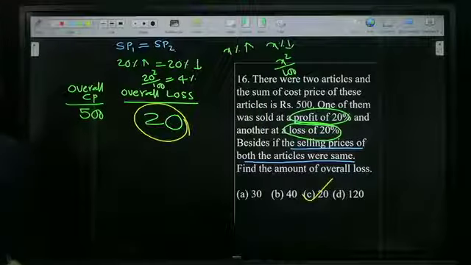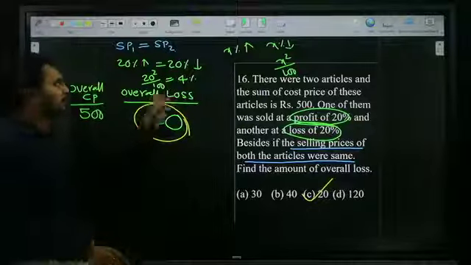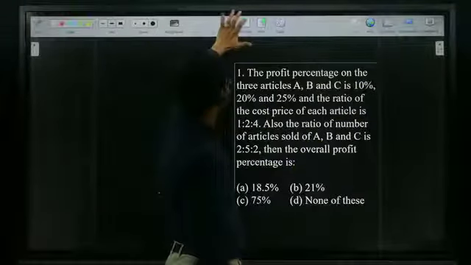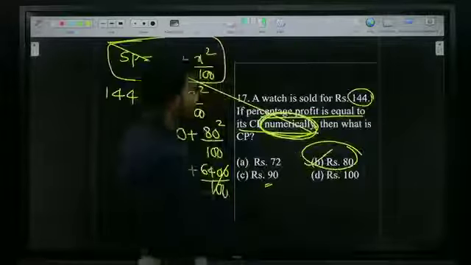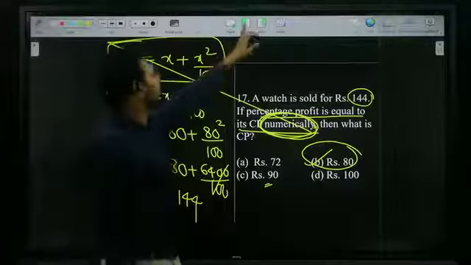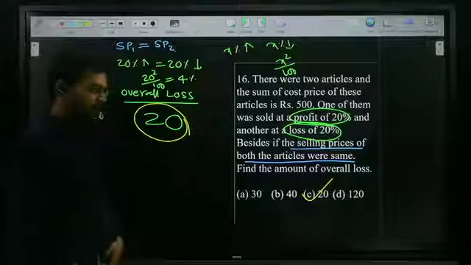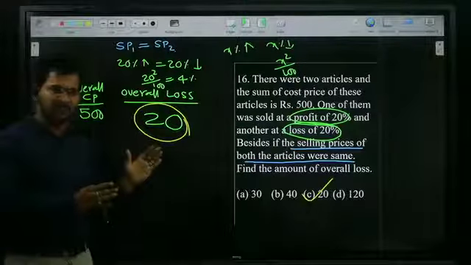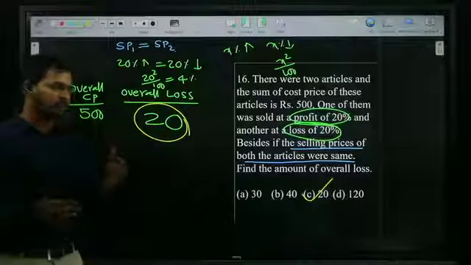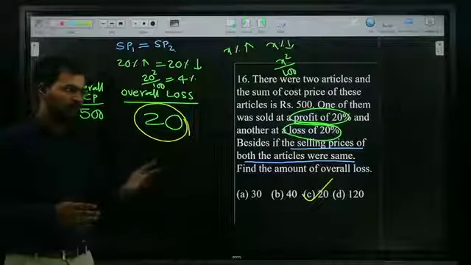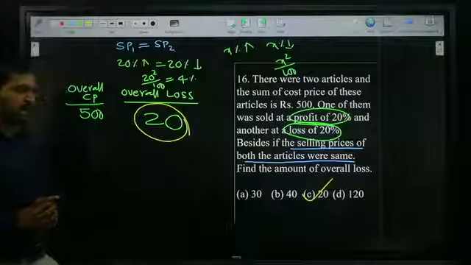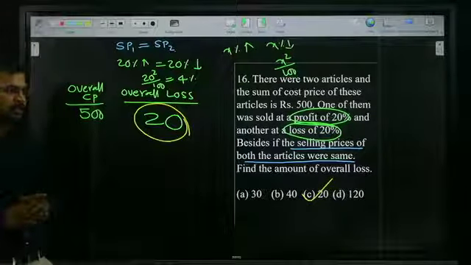All of you okay? So this, I think, was the 17th problem, already done. These are the different models in profit and loss. First of all, go through the basics, then start question by question. Listen one more time to this class, and then it is very easy for you. So this is all about profit and loss.